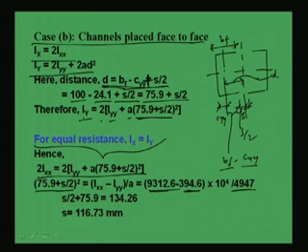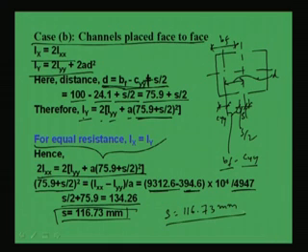So, we can find out S by 2, and S as 116.73 millimeter. If we make spacing of this magnitude, then equal resistance from both directions will be obtained.